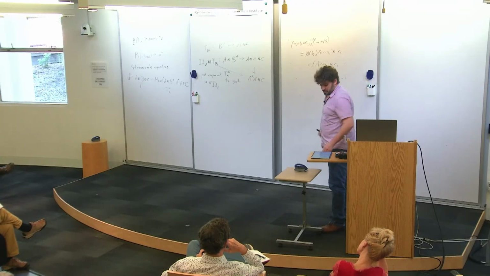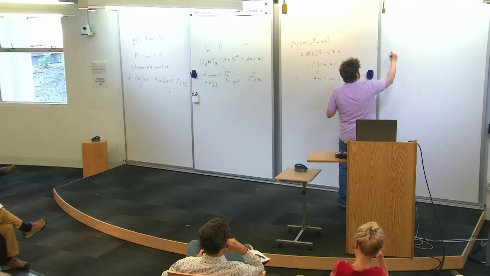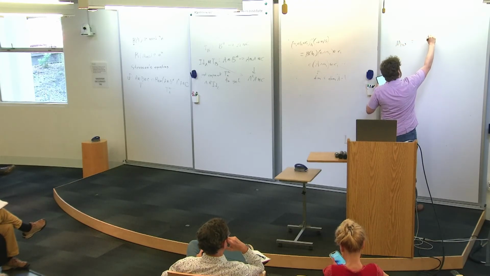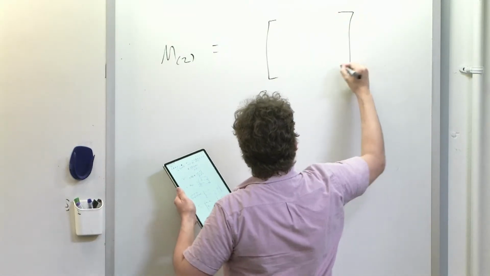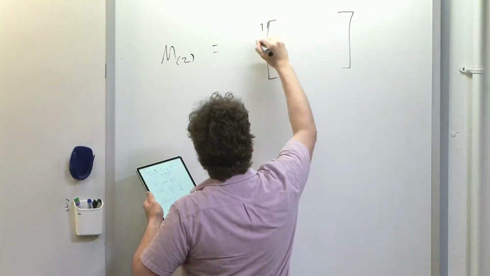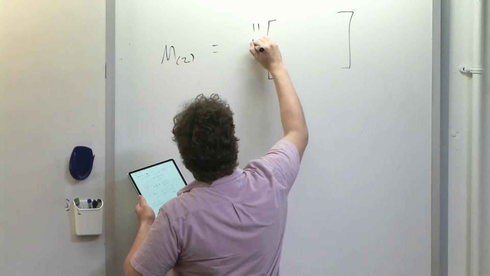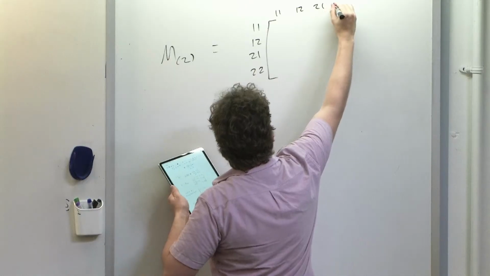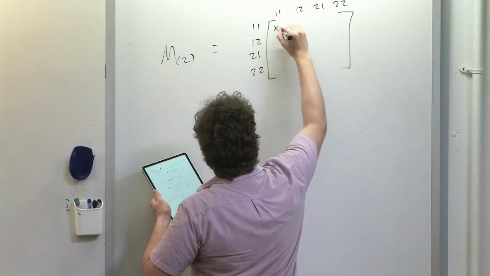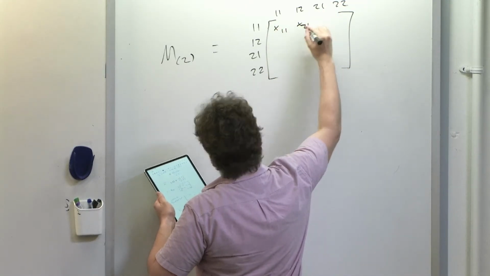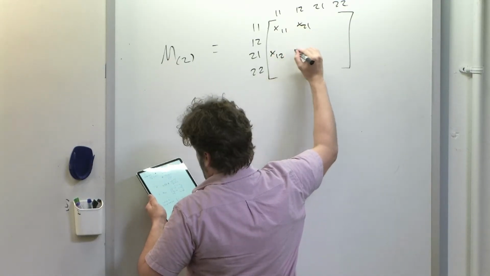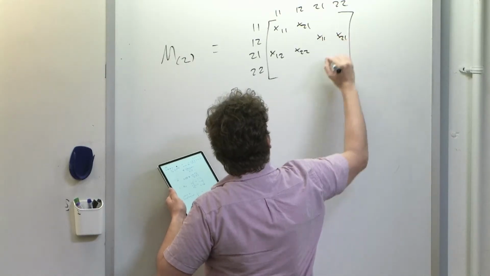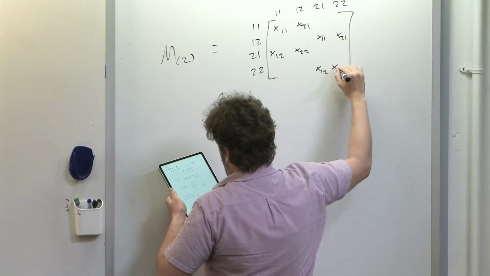Well, so 2 by 2 matrix multiplication. I'll write it out as a tensor. So this is x11 ⊗ y11 ⊗ z11 plus x12 ⊗ y21 ⊗ z11 and so on.